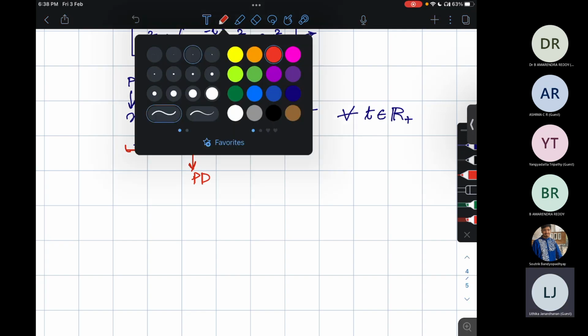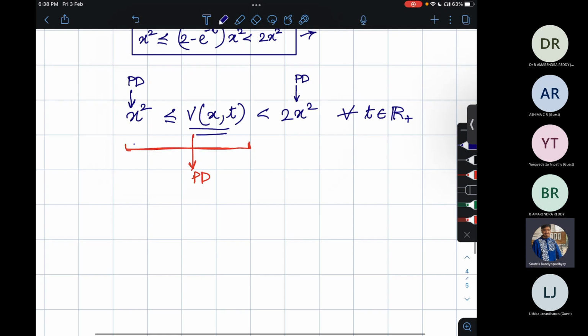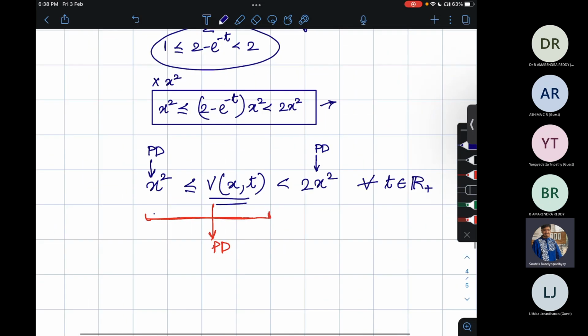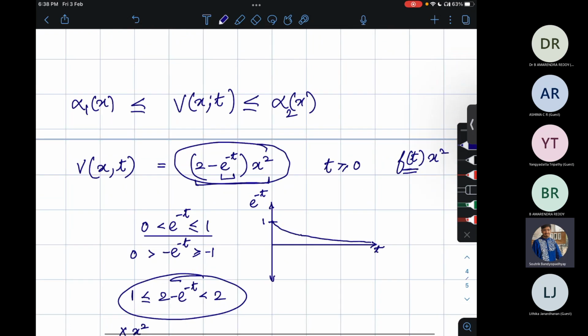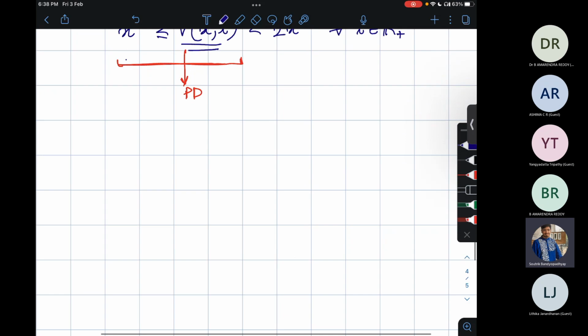So can you repeat that again? Right. Given this example, it was very difficult to find whether this is positive definite or not. Suppose you have a different value of t and x square. Let's say this is your Lyapunov function, which is dependent on this.